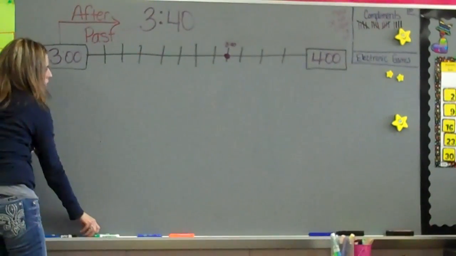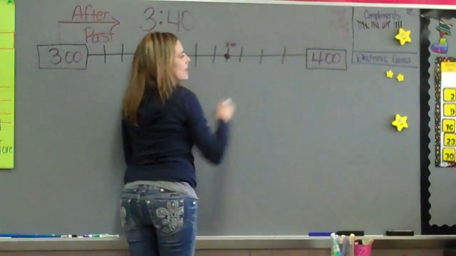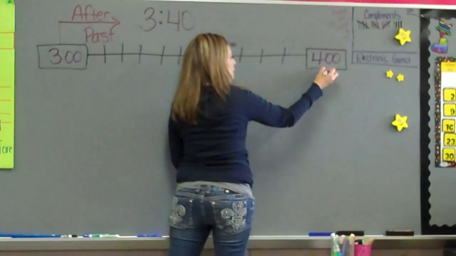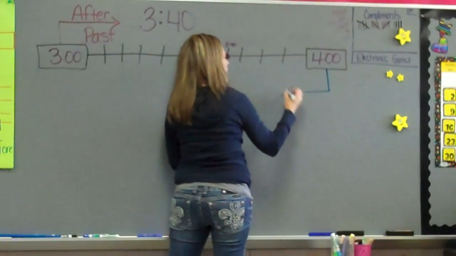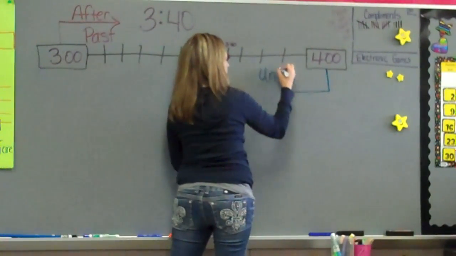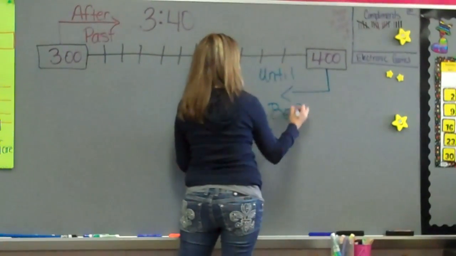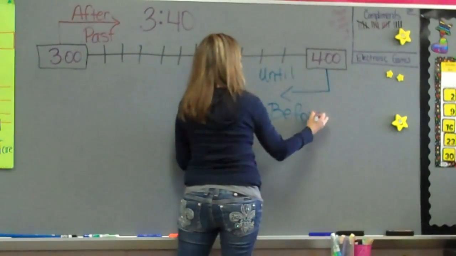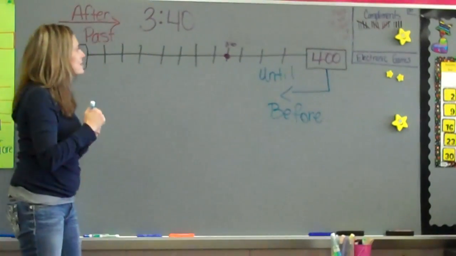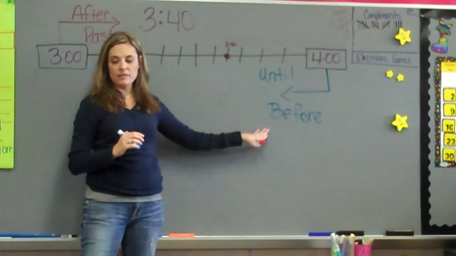Anything that comes in front of this box is going to be before or until. So these are our new words that we are using today: after, past, until, and before.